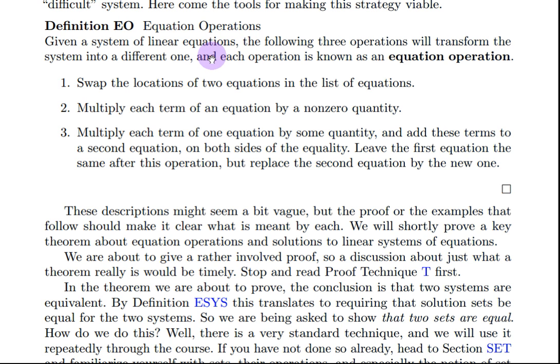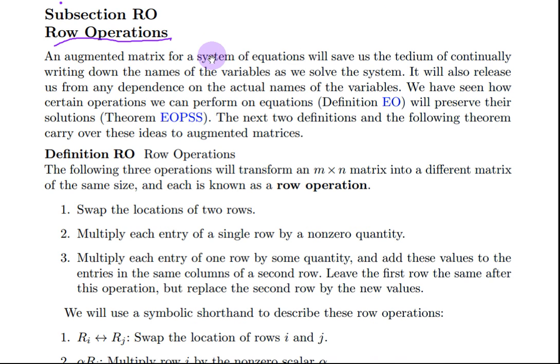All right, so let's translate this idea into our matrix vector notation. We've just seen three equation operations. These correspond to three row operations. Now, before we said we could swap two equations and not change the set of solutions. So our first row operation is swapping two rows.